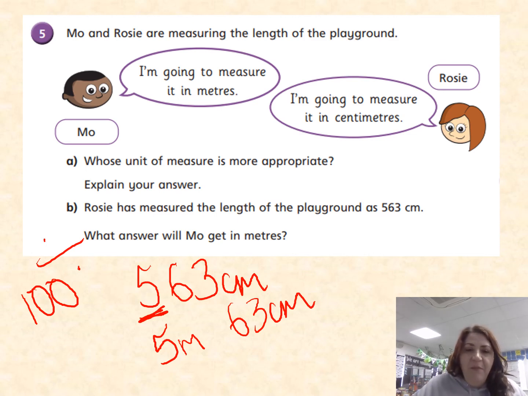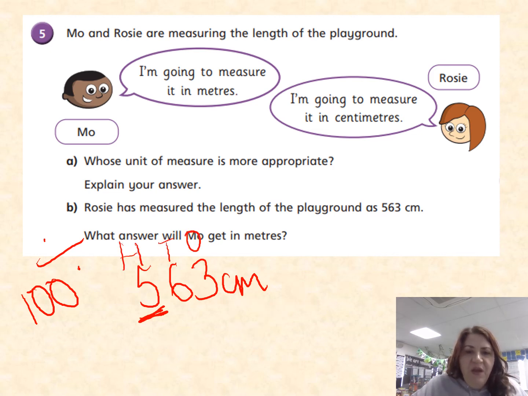But that doesn't tell me how many it is in metres. So, remembering that the digits don't change, what do you think it would be in just metres? It's not going to be 6. 6 is too many, so it's going to be 5 something. Okay, well, our 563, if that's our hundreds, tens and ones, our 5 is going to jump 2 places into the ones, which means we're going to then have a decimal point, aren't we?